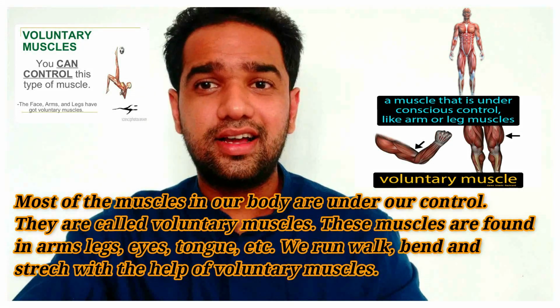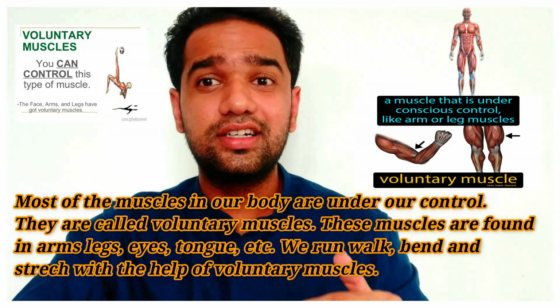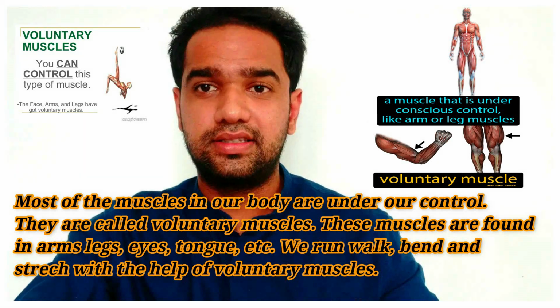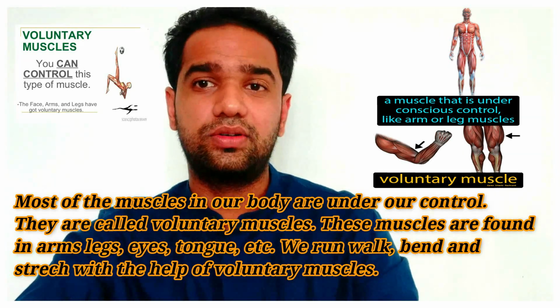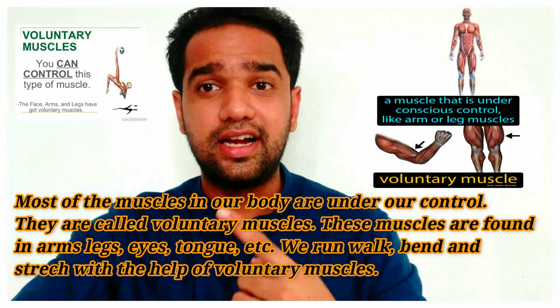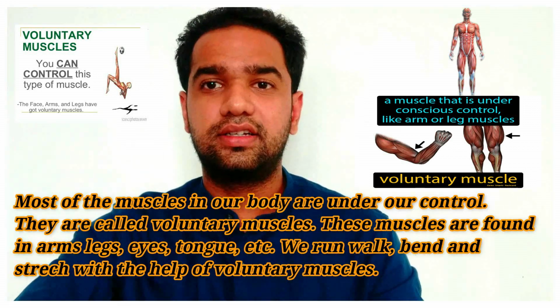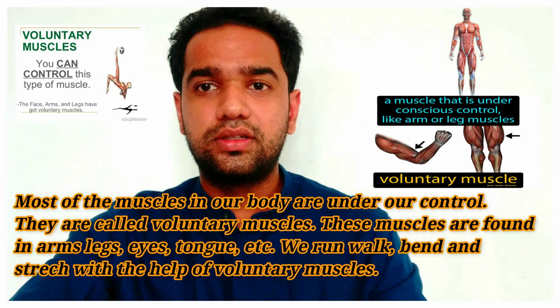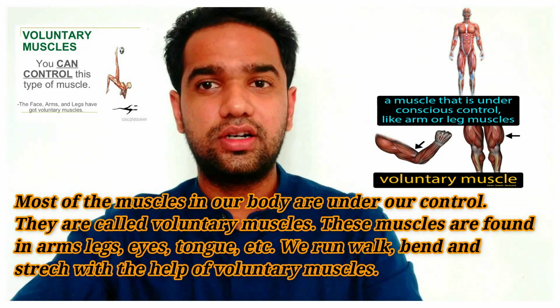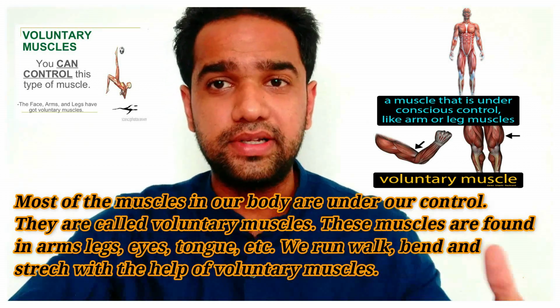These muscles are under our control. With the muscles of our arms, we can lift anything. Then the tongue, then our legs. So these muscles that are under our control are called voluntary muscles.